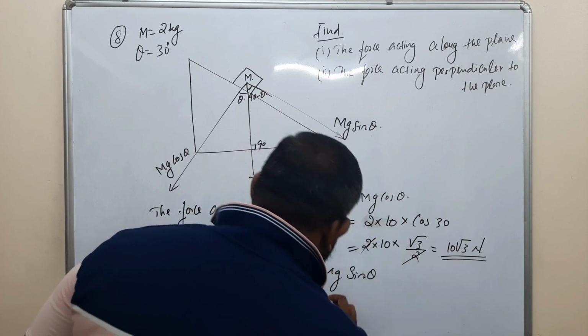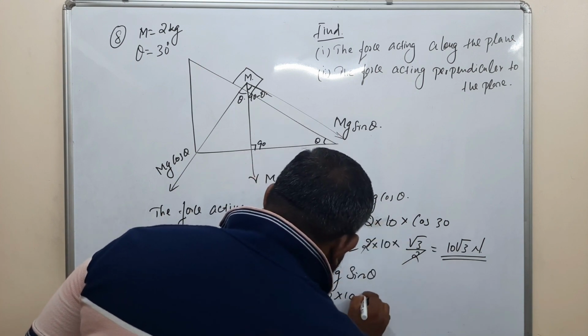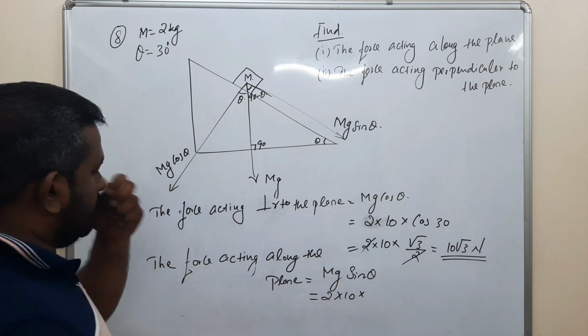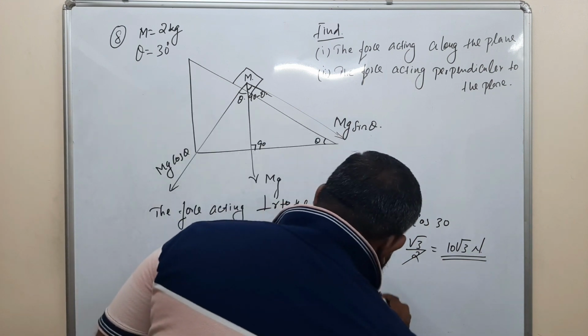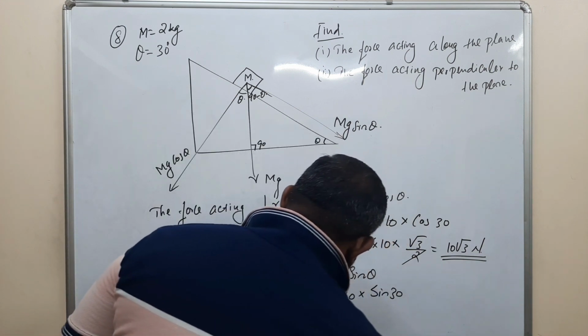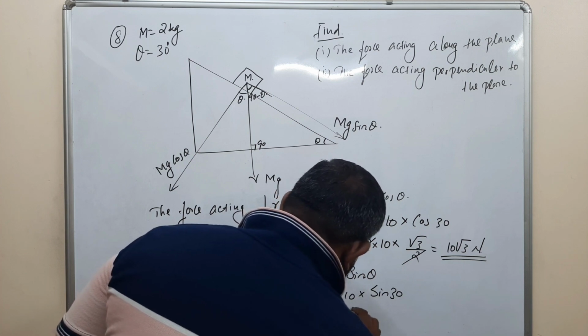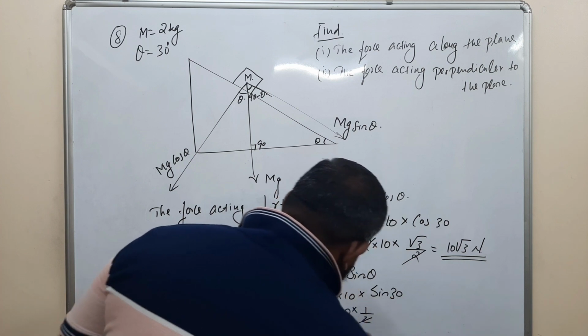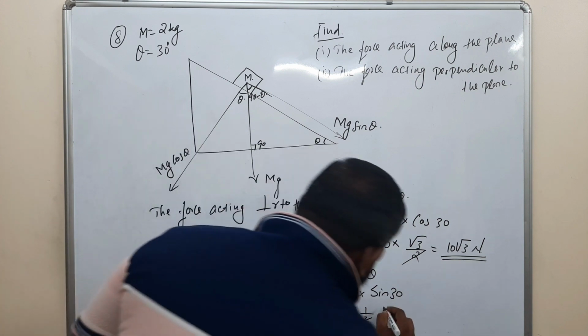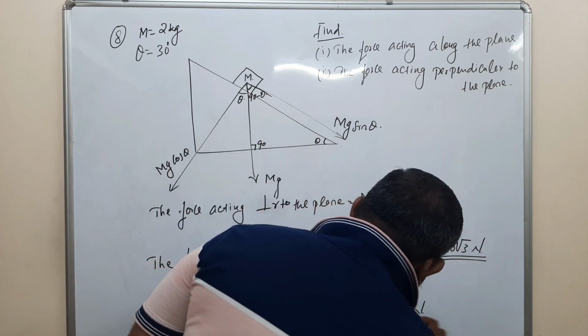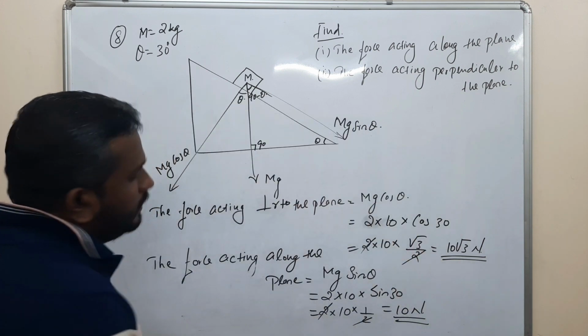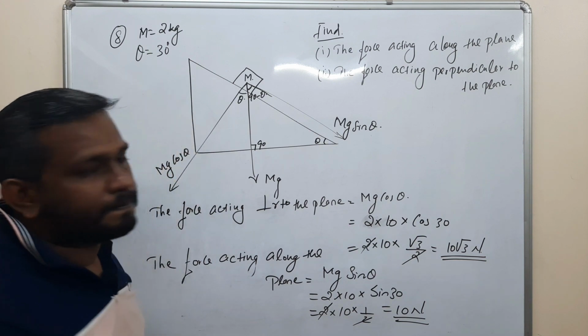So that is 2 into 10 into sin 30, and sin 30 is 1 by 2. The 2 gets cancelled, so that is equal to 10 Newton.